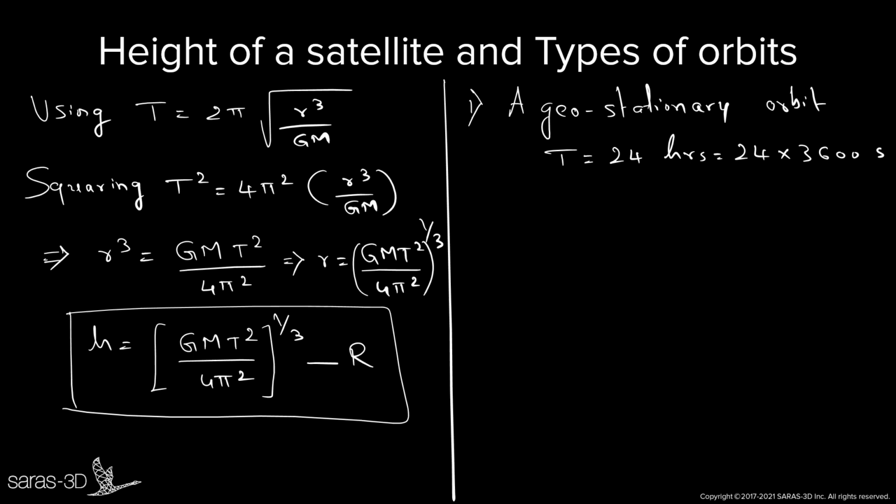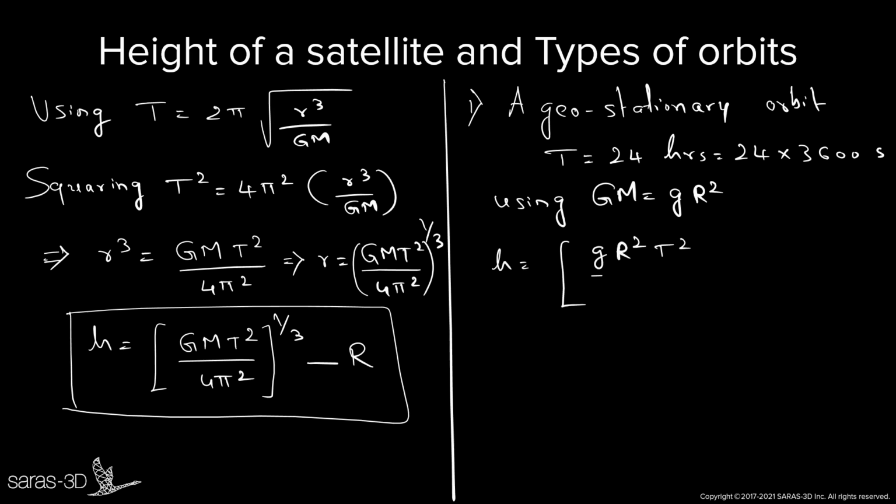We should also note that the radius of Earth is 6400 kilometer. With these two we can calculate the height of the satellite placed in geostationary orbit. Another thing we can do is, instead of using G and M, simply replace it by small g into capital R square.